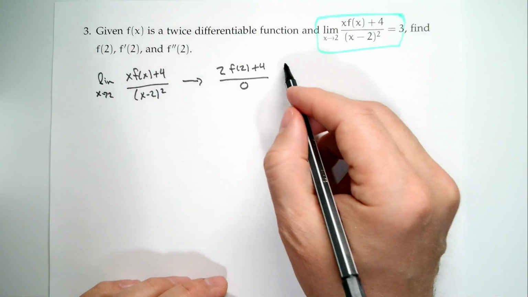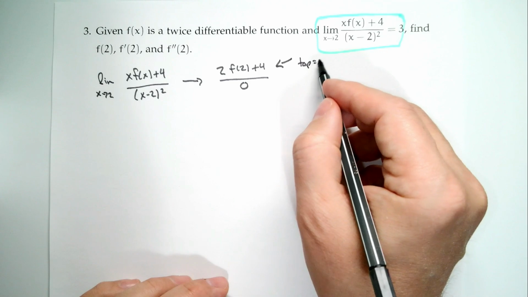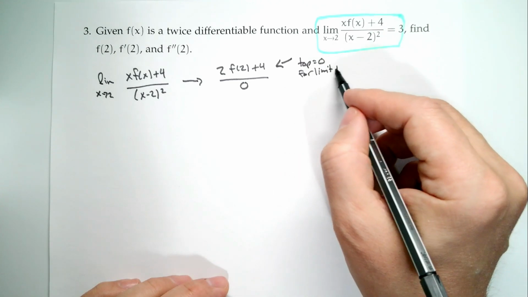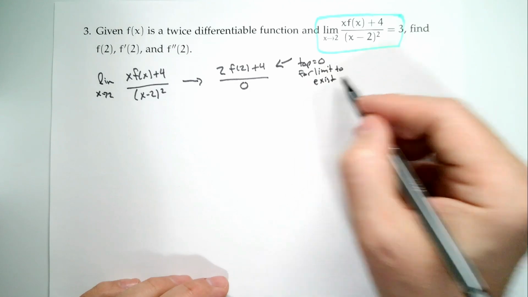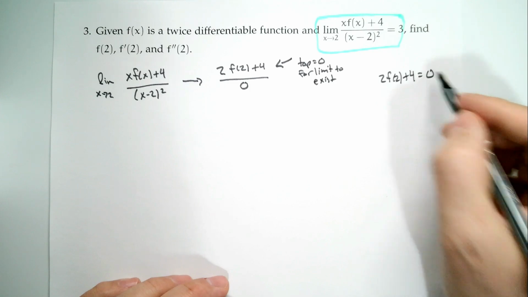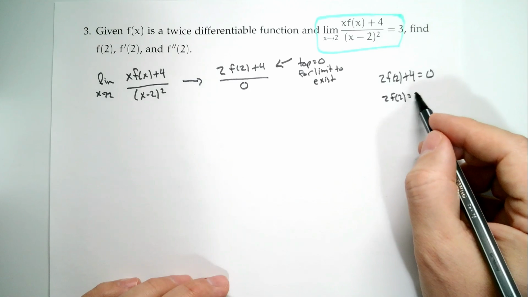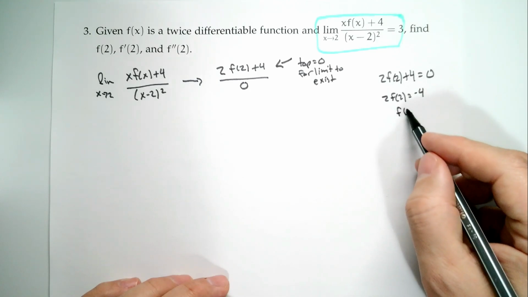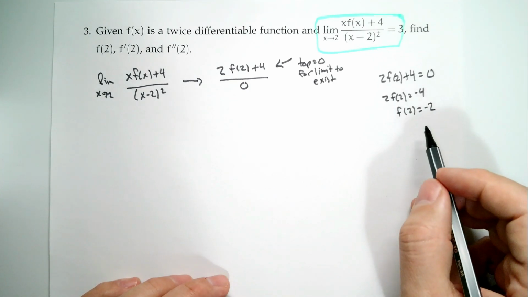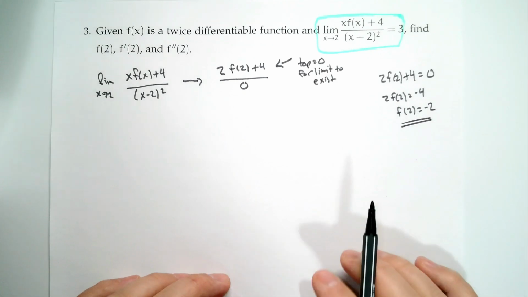So that says, hey, the top has to equal 0 for a limit to exist. Well, what does that tell us? Well, it tells us that 2 f of 2 plus 4 has to equal 0. So 2 f of 2 equals negative 4, or f of 2 equals negative 2. So that's what we know. All right, good. So we now know what f of 2 is. That's part of our answer.